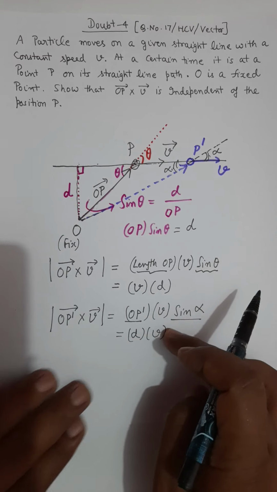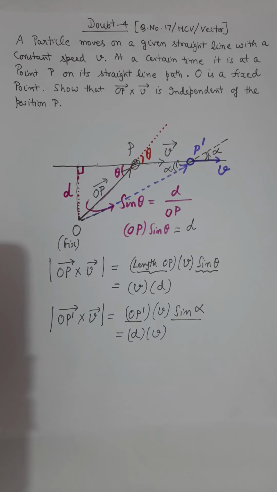The result is not changing. OP cross V is not changing even if particle P is moving in the forward direction. And that was the question, that we have to prove that OP cross V is independent of the position of P. At position P and at a different position P dash, at both the positions, the answer is the same.